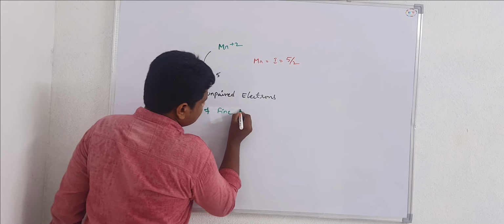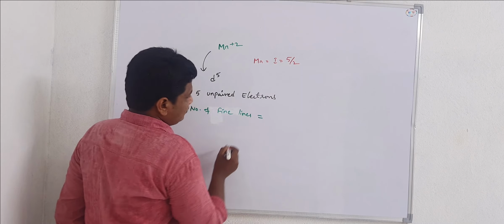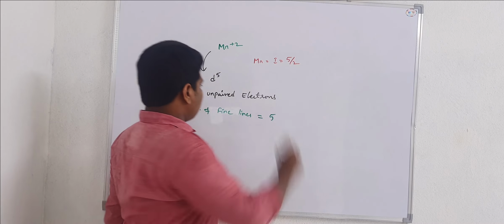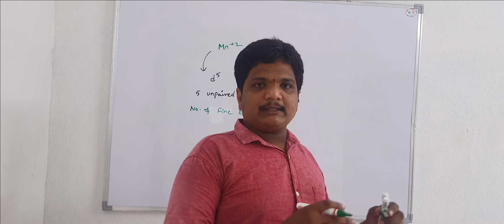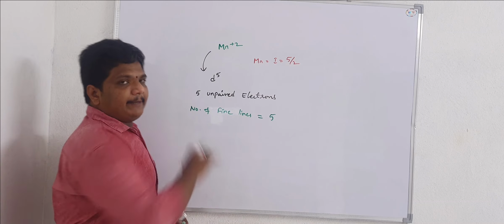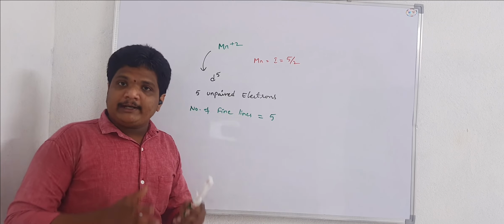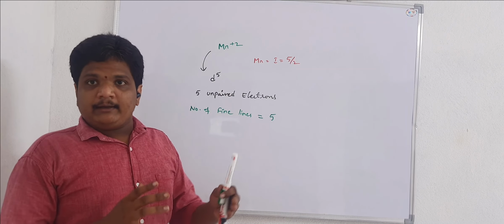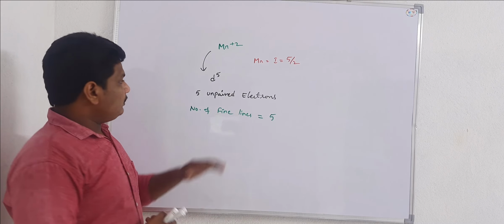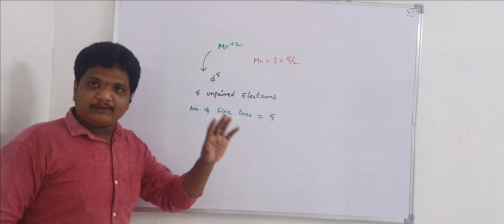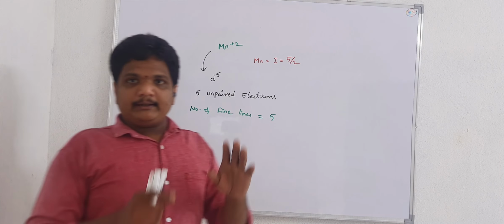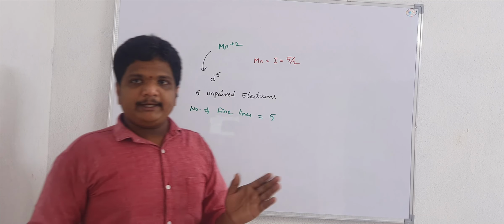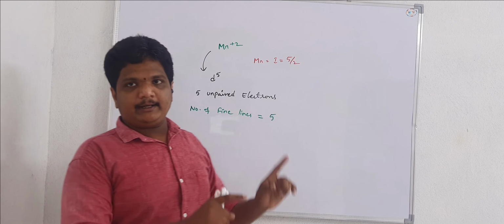The number of unpaired electrons is 5, so there are 5 fine lines that we observe in the ESR spectrum of the Mn+2 complex. Here we have only 5 unpaired electrons, so only 5 fine lines can be observed. In the given options we have 5 in option B and C, so we can eliminate option A and option D.